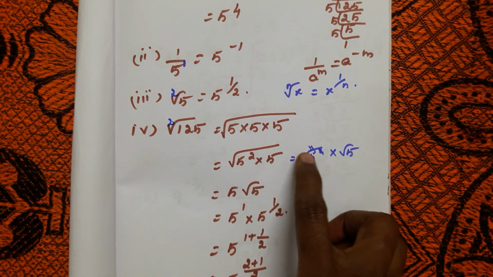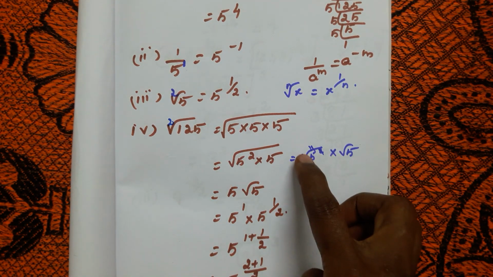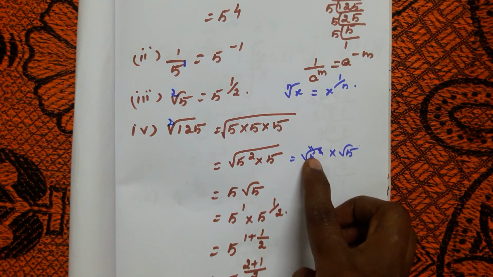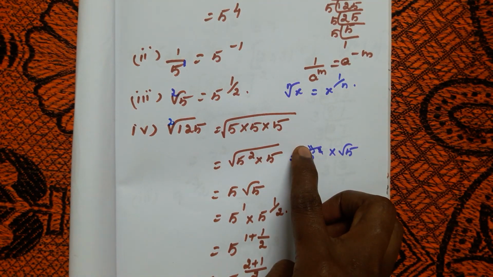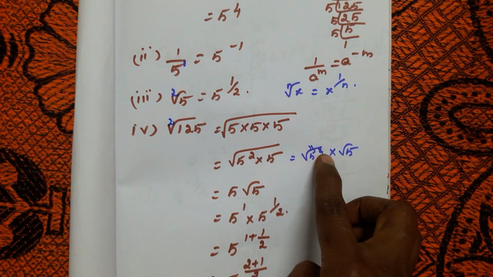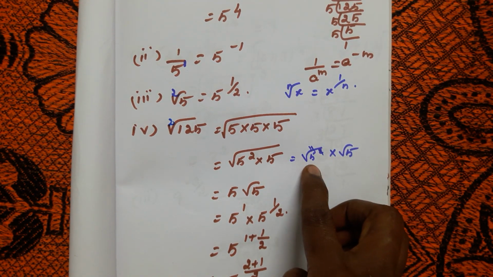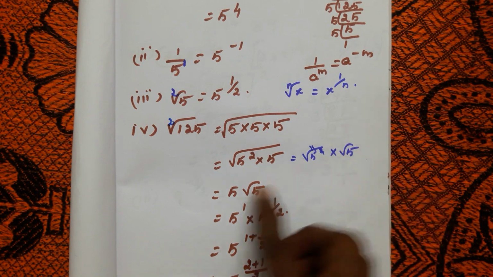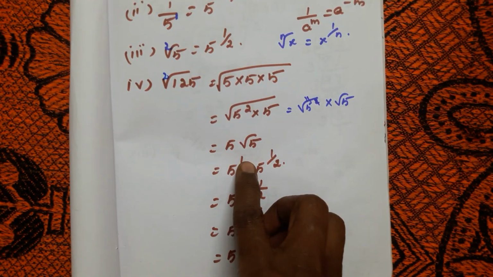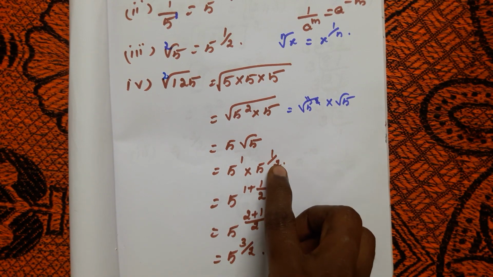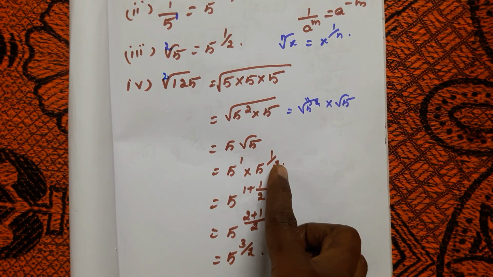We can write it root 5 square into root 5. Here the square root and square cancel and we get 5 root 5. So 5 means 5 power 1, root 5 means 5 power 1 by 2.